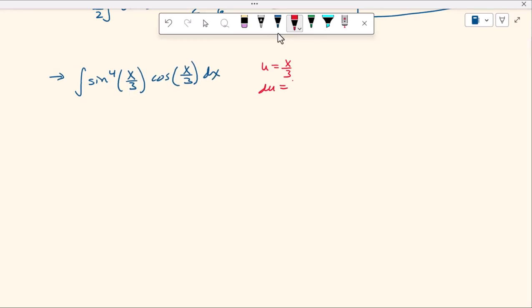du would then be 1/3. So if I rewrote everything, I'd have 1/3 on the inside, then I have to compensate with a 3 on the outside. So I'd have 3 integral 1/3 sine to the 4th of u, cosine of u, and then du was the 1/3 times dx, so I can get rid of this now since I have that du.